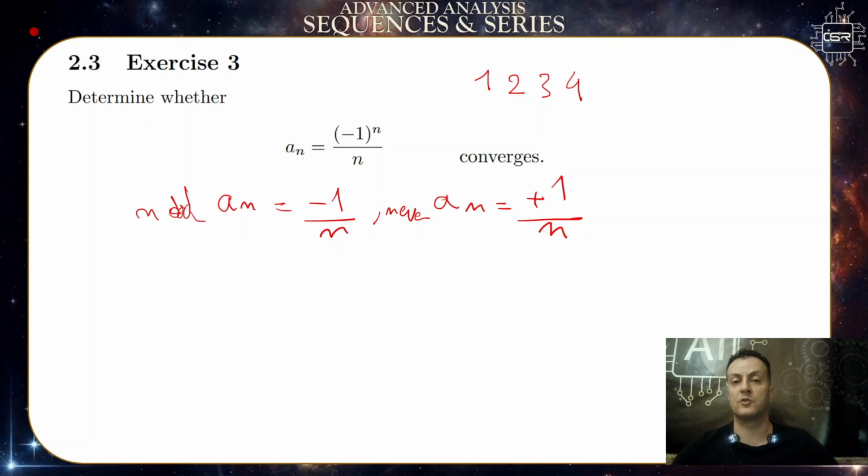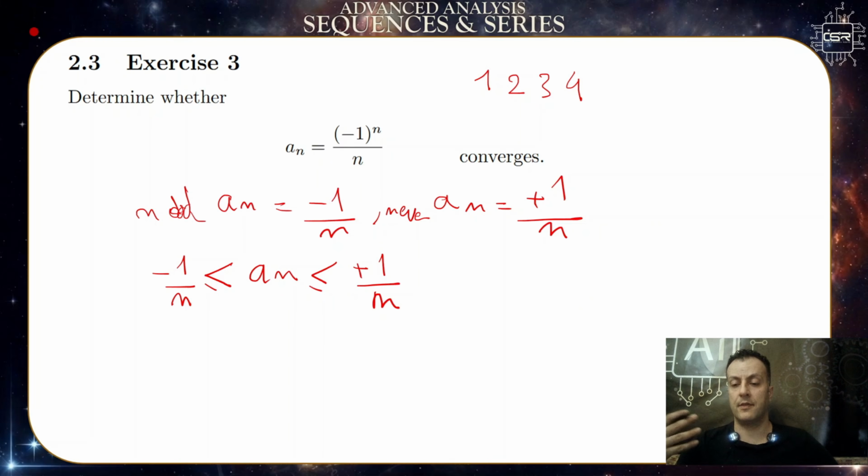Now here we're going to introduce what is called the squeeze theorem. You see, a_n, therefore, is greater than or equal to minus 1 over n, and less than or equal to plus 1 over n. It is between these two values.